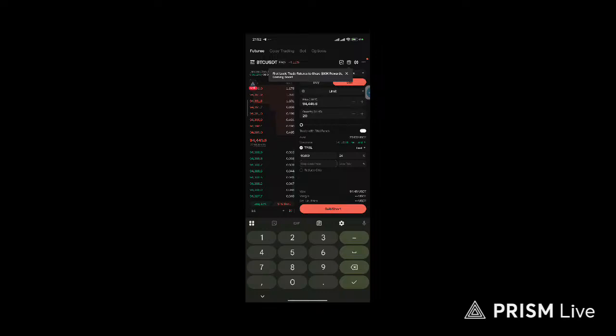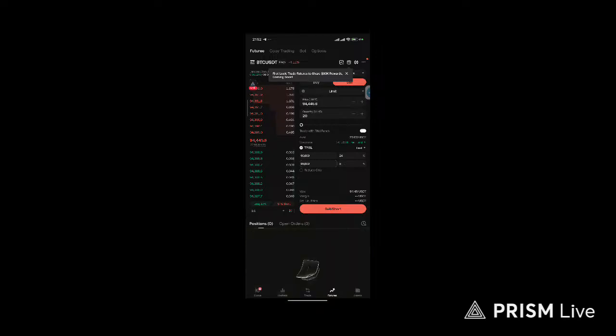The entire take profit is going to be $90,000. Stop loss $96,000.